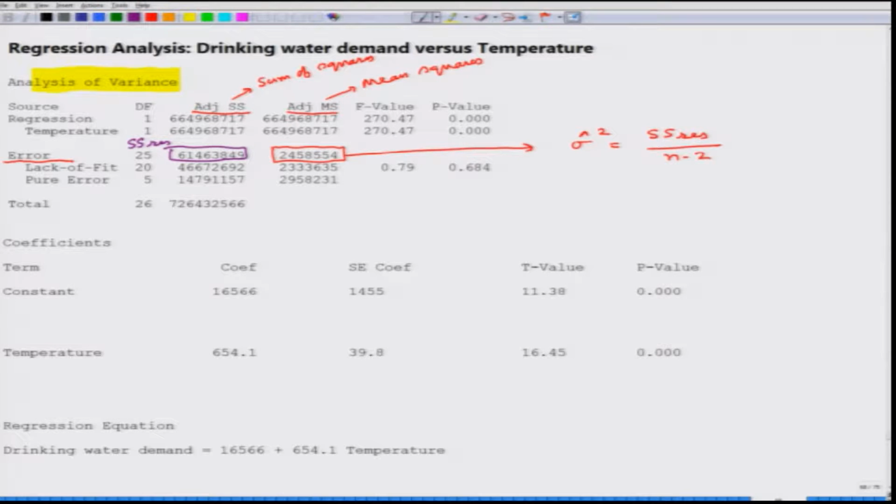The number of observations here is 27, so sum of squares due to residual divided by 25 gives us this value. So in the statistical software, wherever we have mean square due to residual, or sometimes it is given as mean square due to error, this gives us the value of sigma square hat.